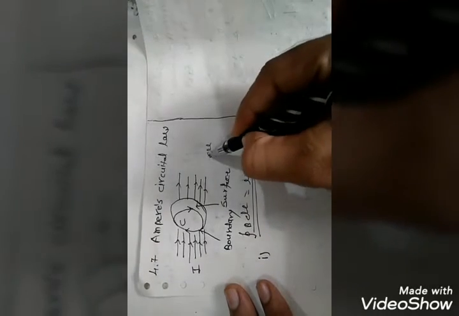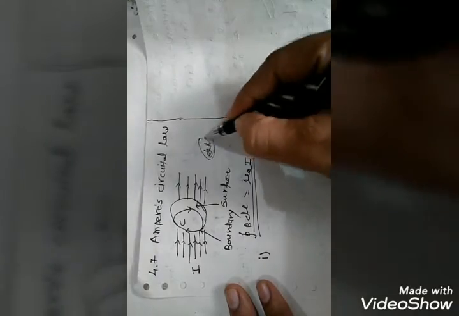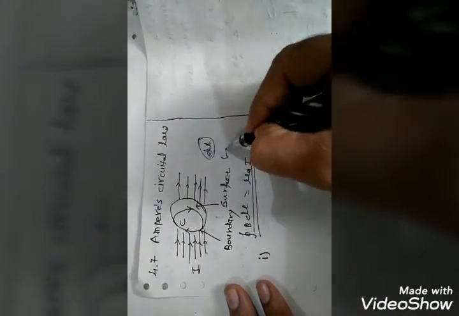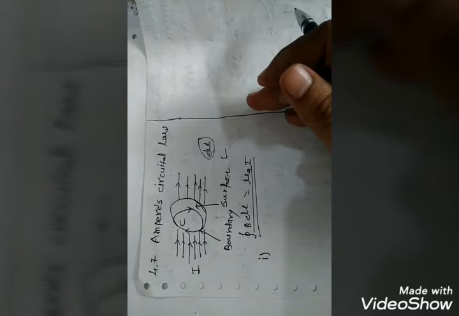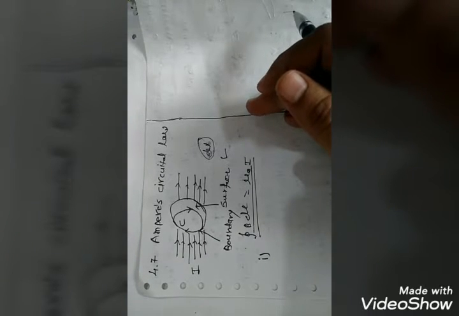Now let capital L be the length of the loop for which B is tangential. Here we consider dl, a small element of this current loop, and L is the length part of the loop where B is tangential.